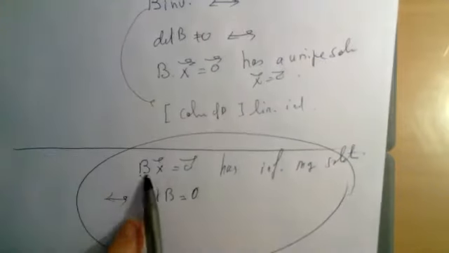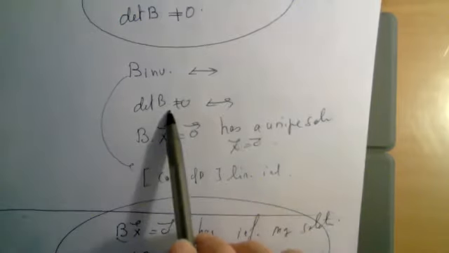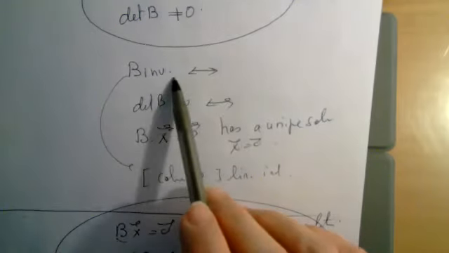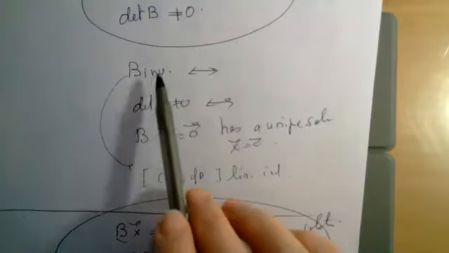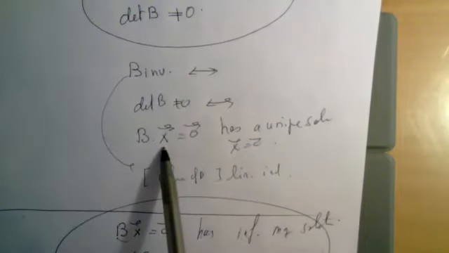If the system has infinitely many solutions, this is basically the negation of every possibility here. If the determinant is zero, the matrix is not invertible. Not invertible means one of the columns doesn't have a pivot, which will cause this system, when we solve it, to have a free variable and infinitely many solutions.